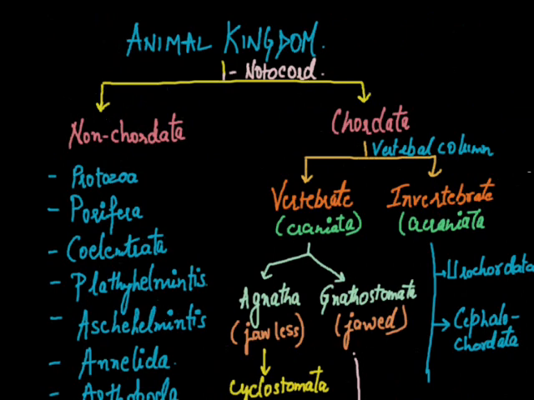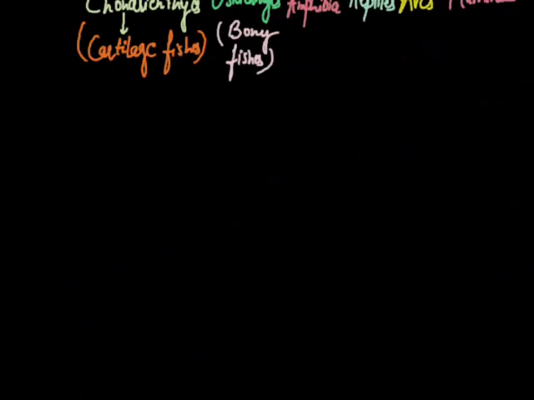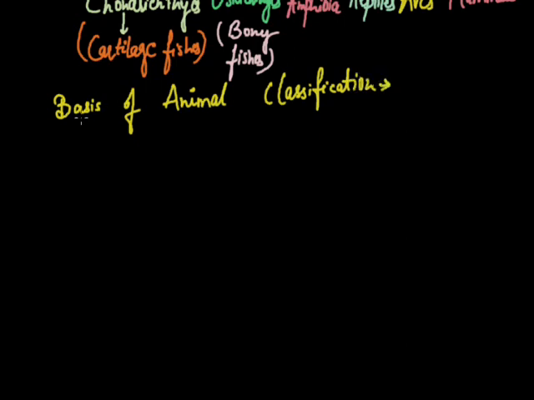Now, this is the broad classification of the animal kingdom. Now, we will first discuss the basis of animal classification. First we will deal with the number of cells.